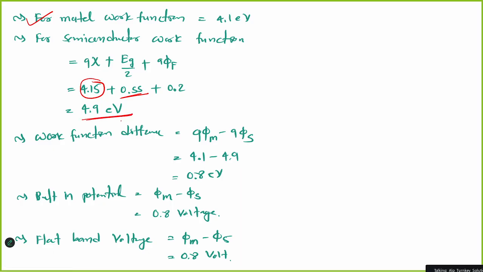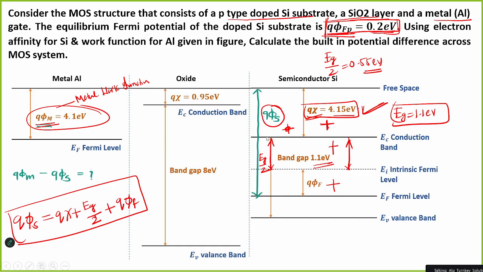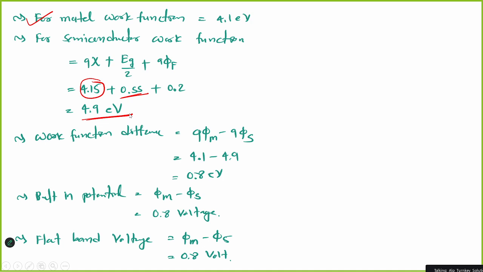And you need to calculate the work function difference, q times phi m minus q times phi s. q times phi m is already given, 4.1 electron volt, minus 4.9. You need to take it as positive only, that is the modulus. When you get a negative value, you take it as positive.